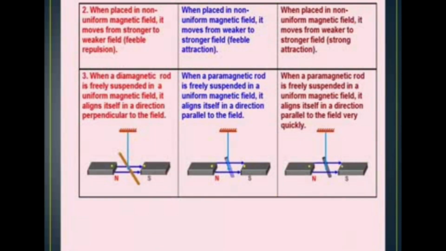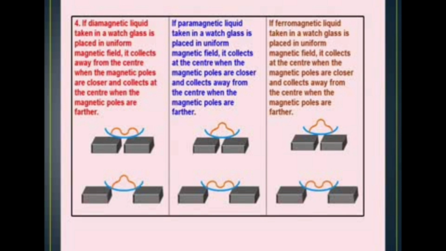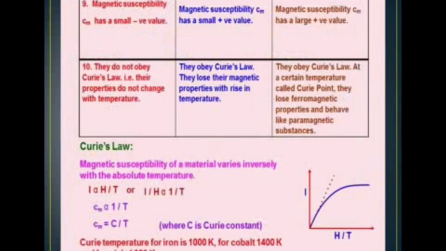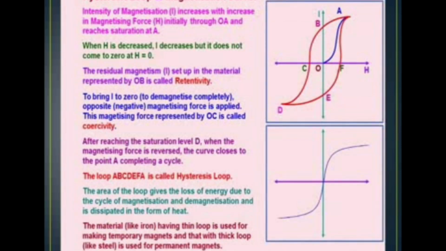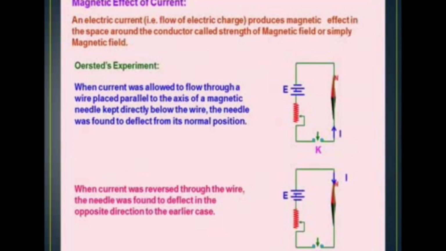And next, when placed in a non-uniform magnetic field, what is the direction of movement, weaker to stronger or stronger to weaker? Using that we can classify them. So these are all the things. Diamagnetic metal is taken into a watch glass. These are all the examples. It is not necessary for you. That is finally Curie's law. Hysteresis loop is a closed area.